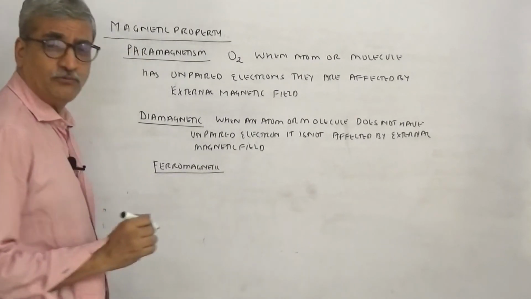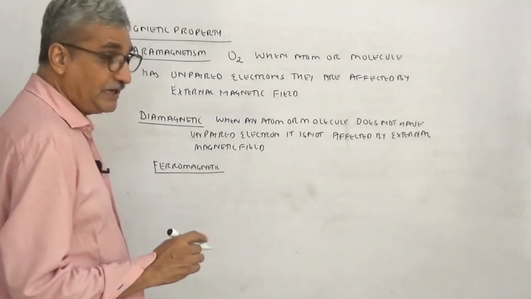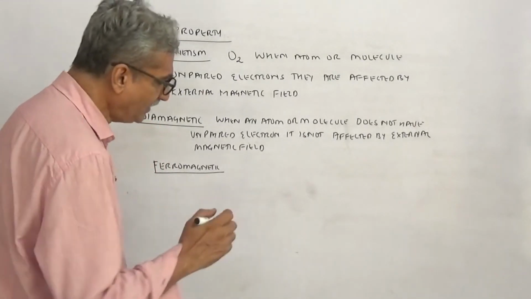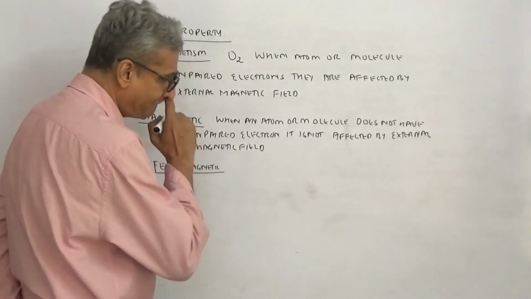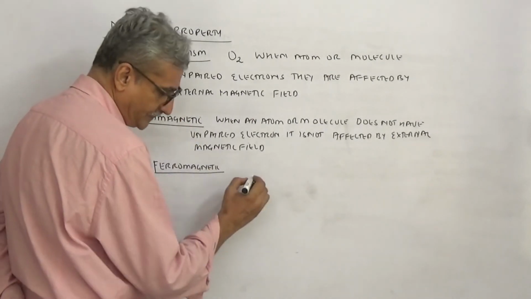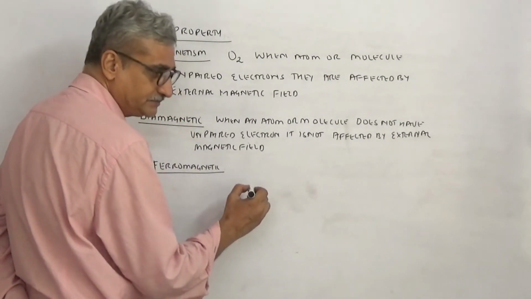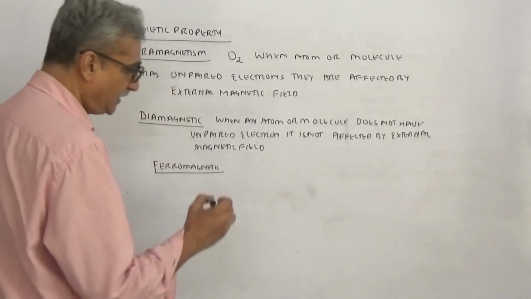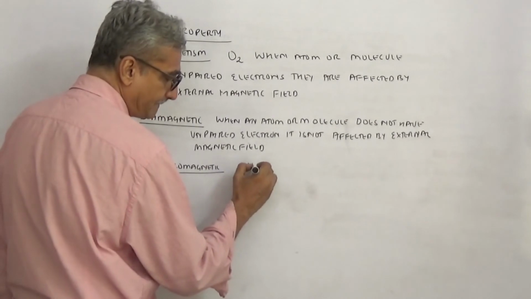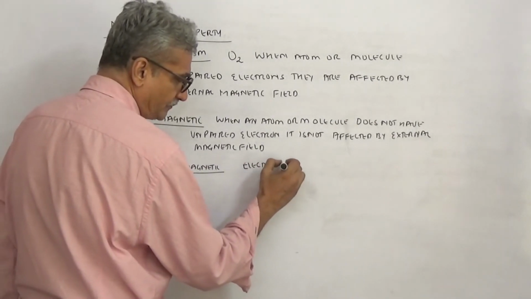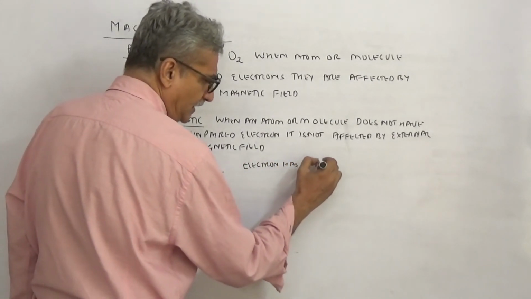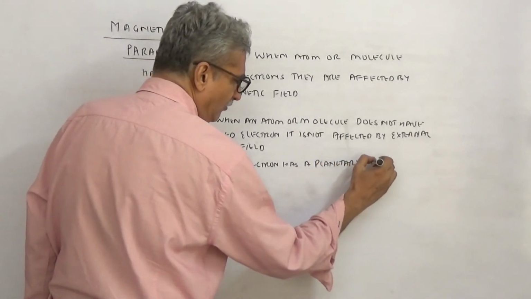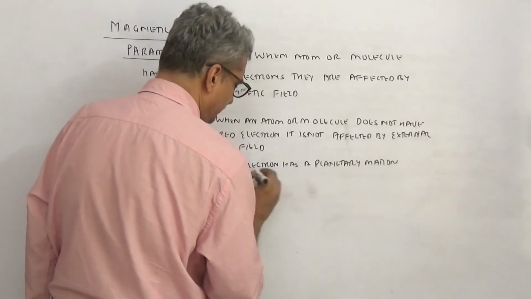In ferromagnetic, now here I have to teach you why a magnetic moment is created. Listen carefully. An electron has a planetary motion. What do you mean by planetary motion?